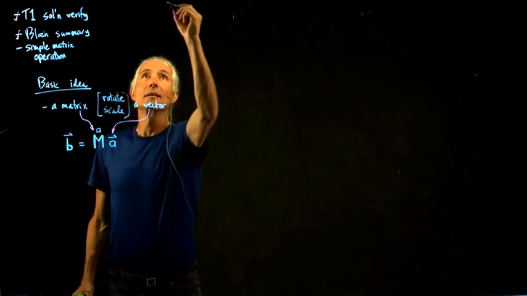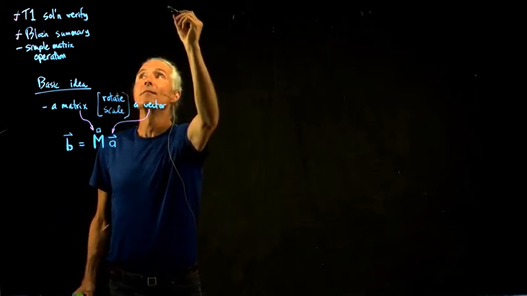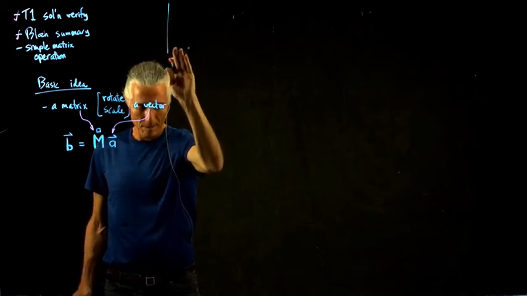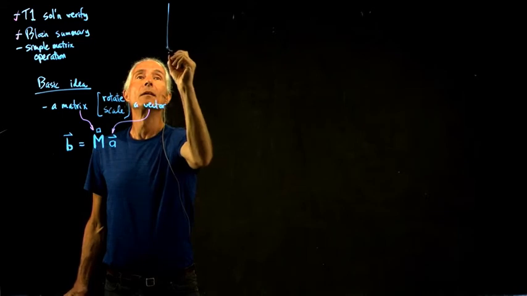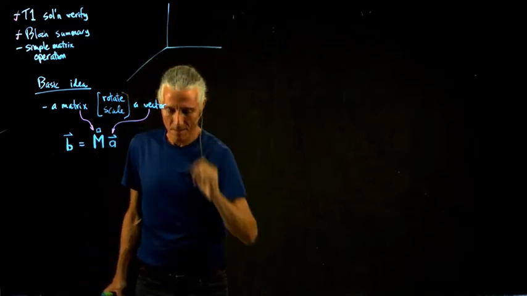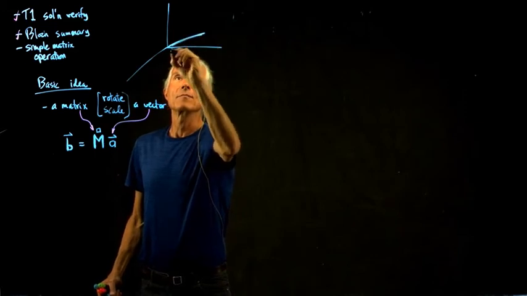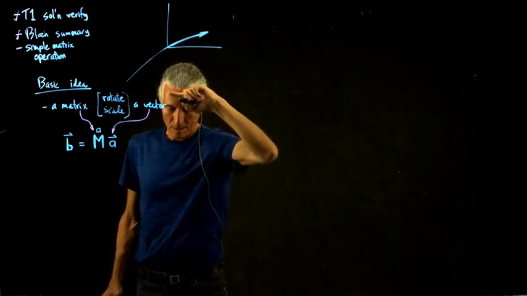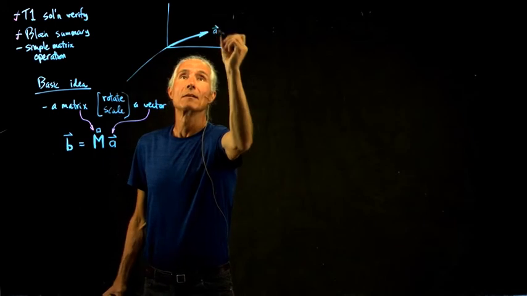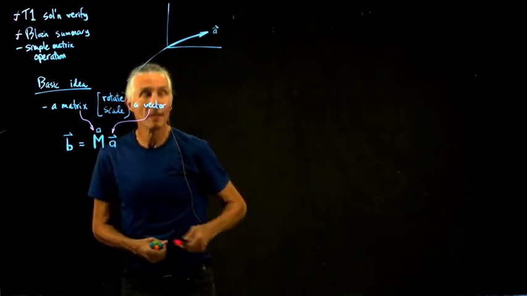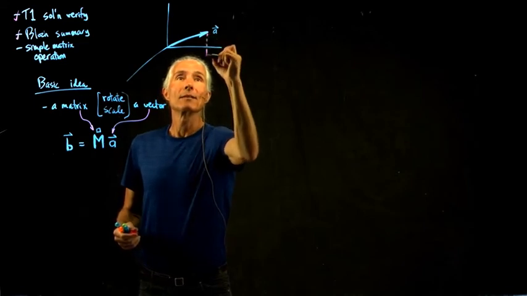So if we have our coordinate system here, and we've got one vector, the A vector, we can decompose that into its components.